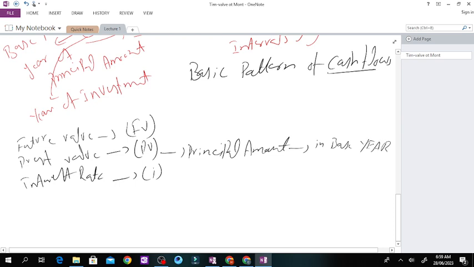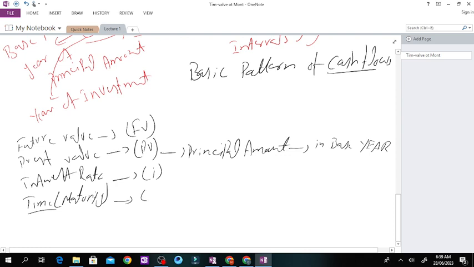So normally we consider it as the time value of money. Now, for how many years you are going to deposit or invest your money is the time or maturity, and you just have to remember the time span.